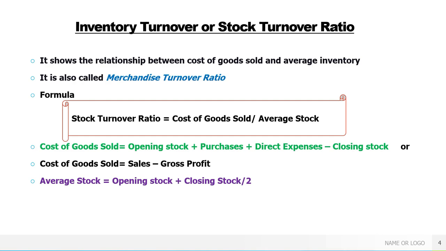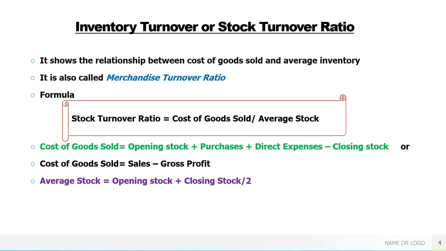The inventory turnover ratio is a measure of liquidity of inventory, which measures how quickly the inventory is sold, and it can be used to test the efficiency of inventory management. Also, we can say it is used to measure the speed of convertibility of the inventory into cash.